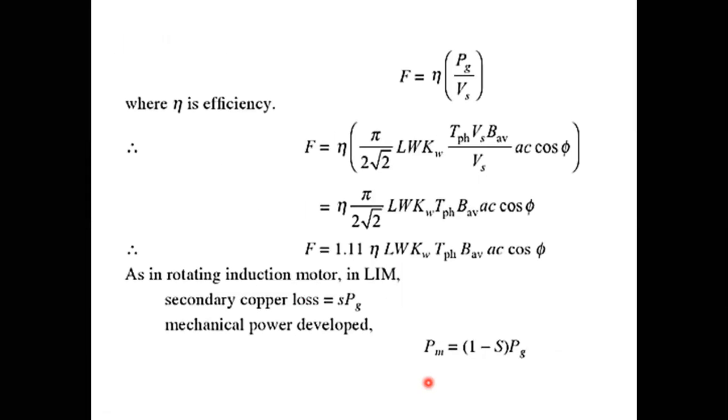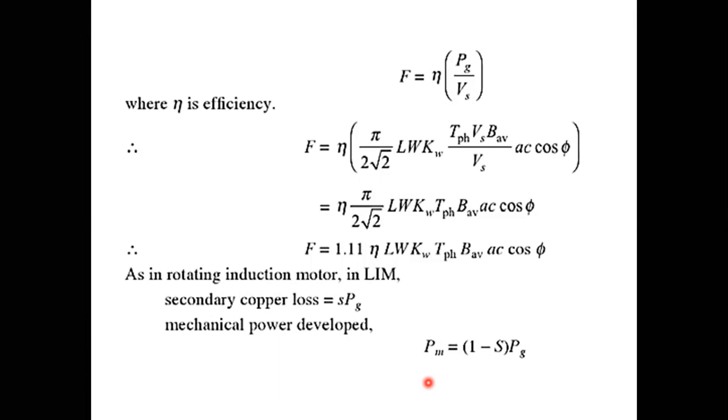F is the thrust linear force developed. F is equal to eta of Pg by Vs value. This is the general expression considered from the normal force developed. That is, F is equal to eta into Pg by Vs.